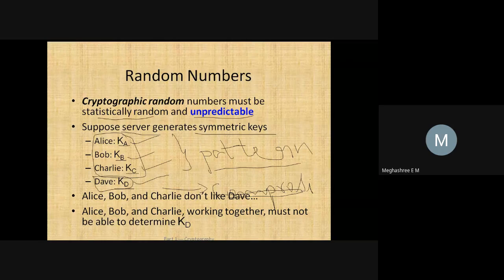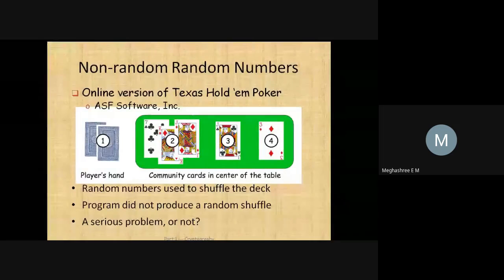Let's see a real world example where random numbers are used, but while generating them, they followed a predictable pattern. I mean, they could predict what random numbers were used in their system. Consider this example, where the topic is given as non-random random numbers. Random numbers are used in this example, but actually those random numbers are non-random.